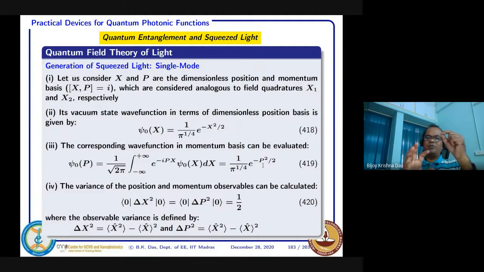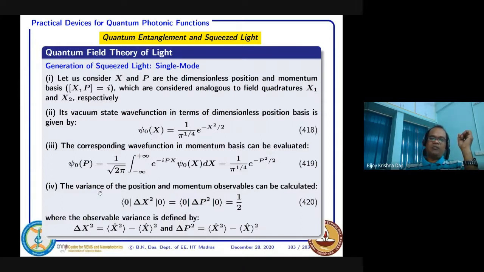So you will get a spot in the xp diagram. In the xp phase diagram, if you try to plot this, it will be a circle, like the x1, x2 zero-point energy quadrature.